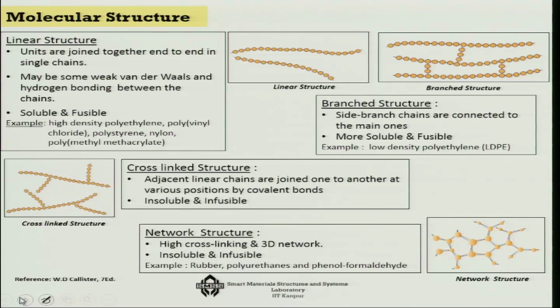Here you will see that the polymers are essentially of three types: the linear polymers, then the branched polymers, and then those which are chemically linked. In fact, out of them there are two types: one is when there is a cross-linked structure, and another is when there is a network structure.